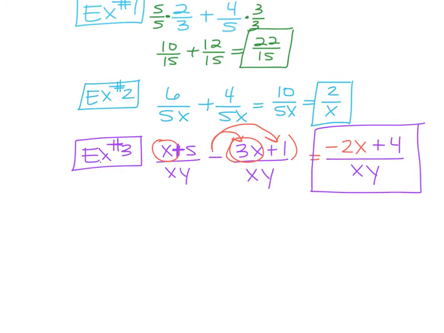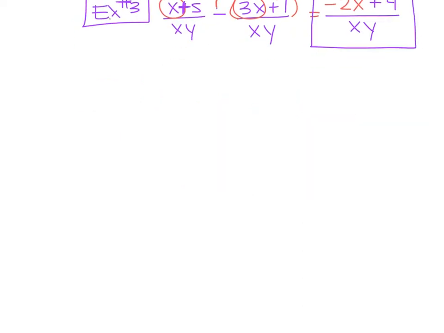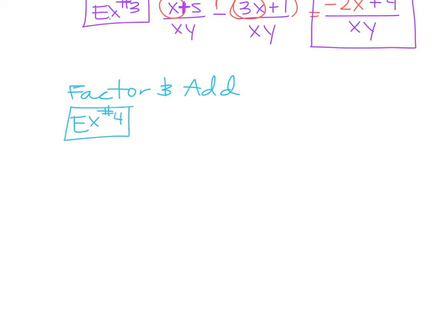Okay? So let's do a little more of what we're actually going to be doing today. We are going to factor and add with these ones. So example number 4. You have x over x squared plus 5x plus 4 plus 5 over 3x plus 3.